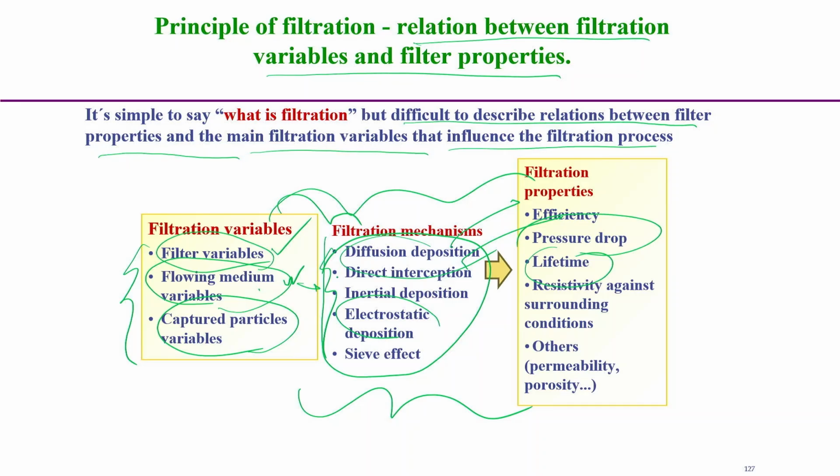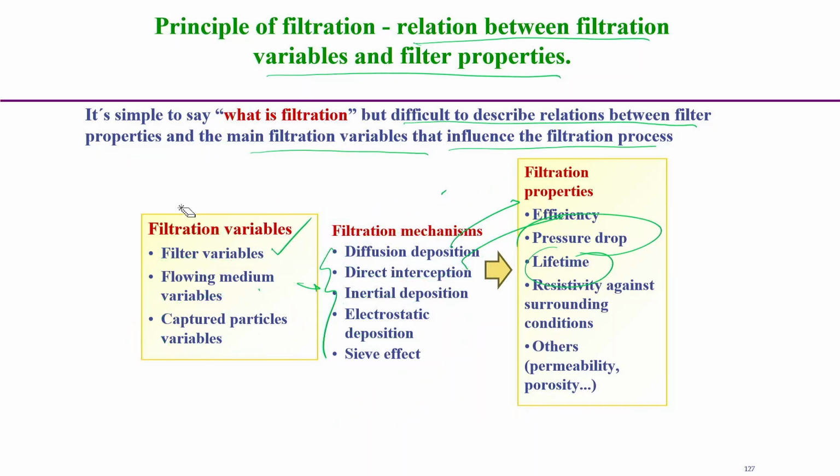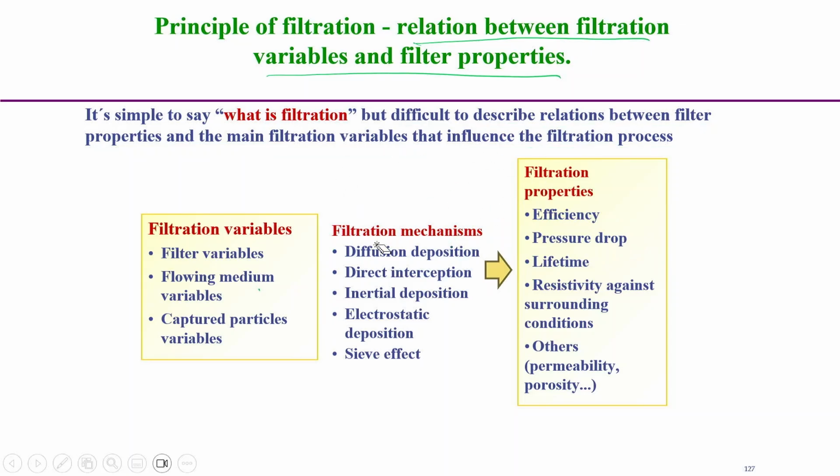All these filtration properties are interlinked with the filtration variables and the filtration mechanism. So, a clear understanding between all these parameters is very important. So, we have to understand this.